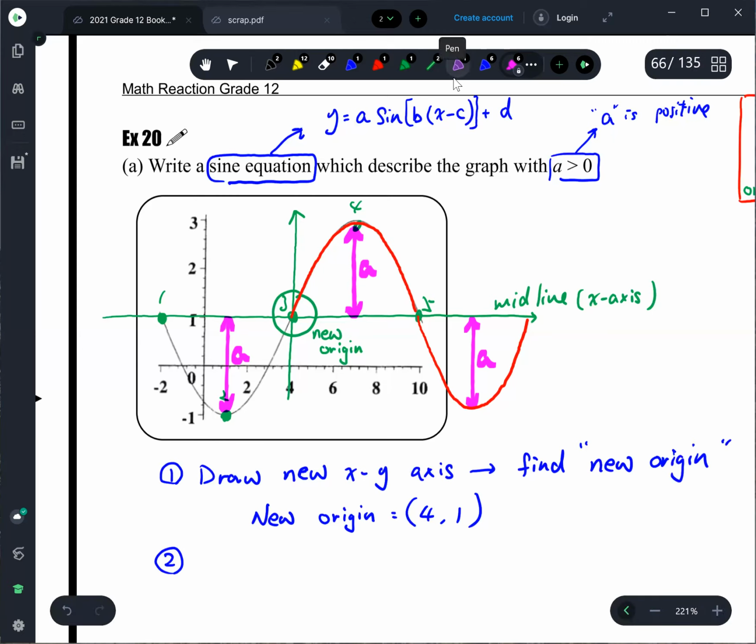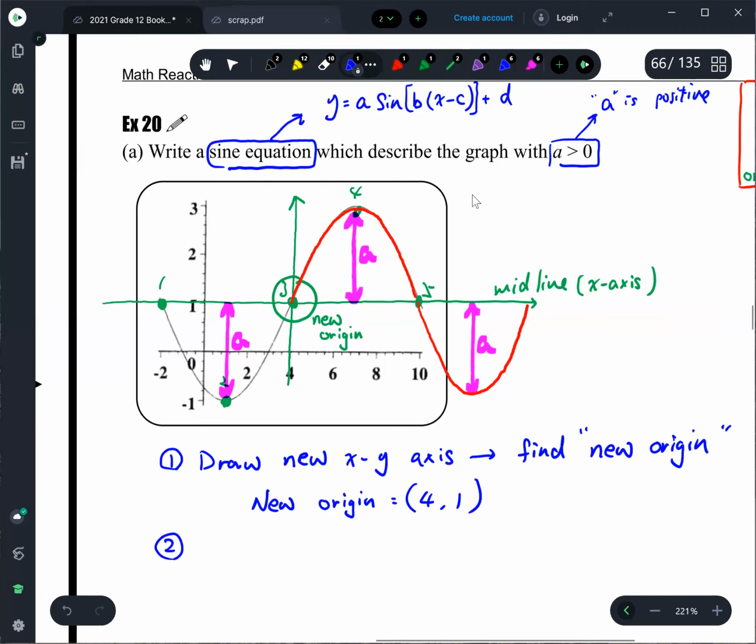Lily, how tall is the graph? 2. 2, very good, okay? The midline is at 1, right? So it goes up to 3, goes down to -1, so the distance is 2. So amplitude will tell us the value for A, okay?